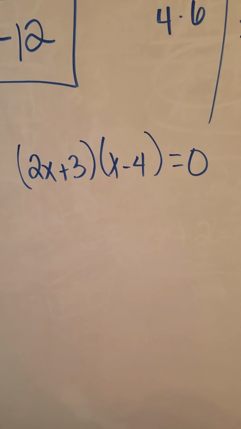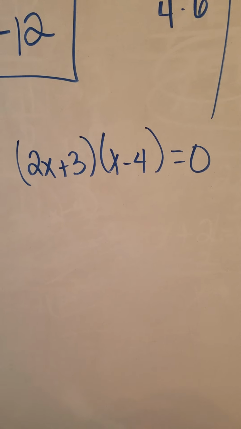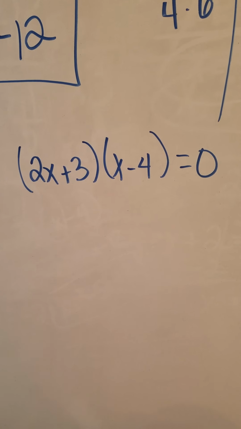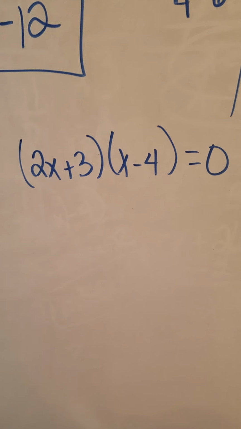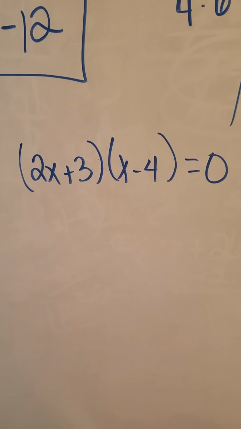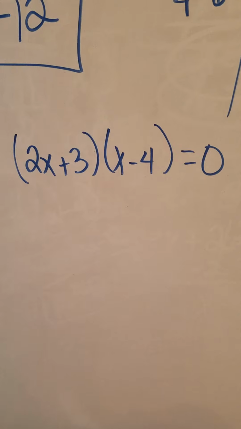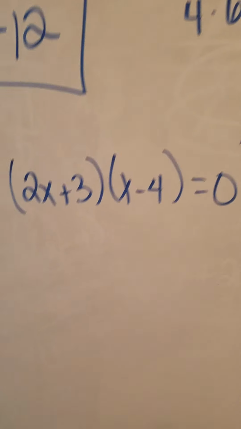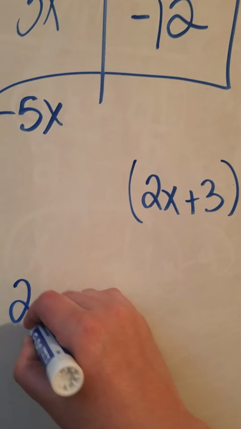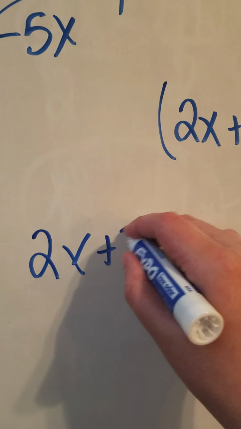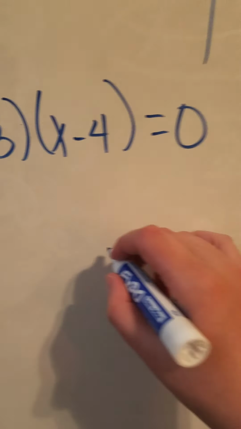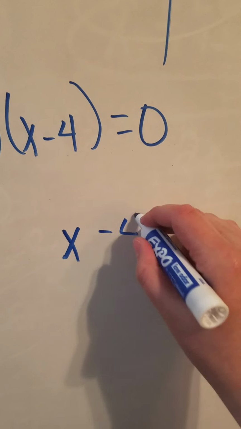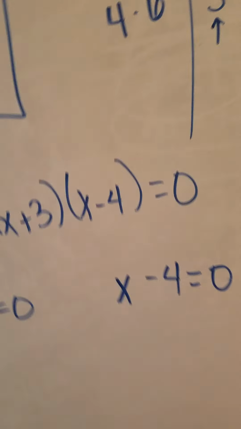Now I can see I am in factored form, and I can go ahead and set both factors equal to 0 and solve for x. Why don't you try pausing the video to see if you can do this on your own and check to see if you get the correct answers. So I have 2x plus 3 equals 0, and x minus 4 equals 0.